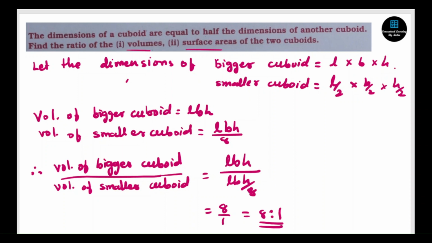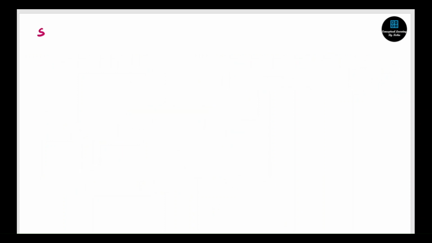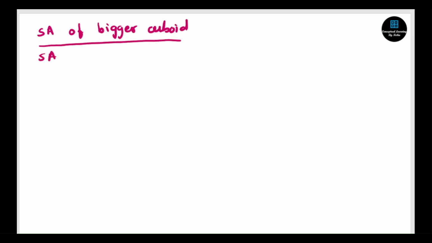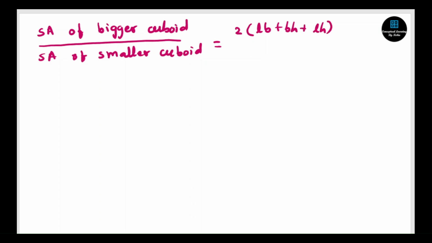Now we have to find the ratio of surface area also. So surface area of bigger cuboid to surface area of smaller cuboid equals, now this is 2 times LB plus BH plus LH upon 2 into LB by 4 plus BH by 4 plus LH by 4.